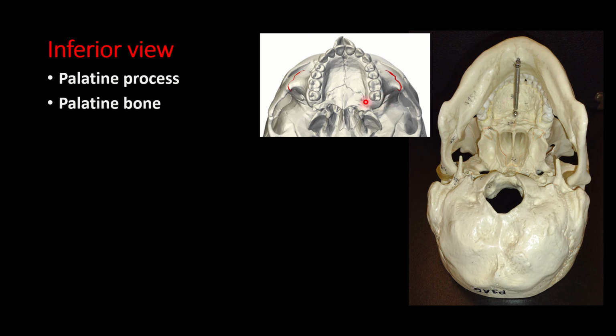Posterior to that, you have the palatine bone itself, which is a smaller bone. So the floor of the nasal cavity or the roof of the mouth is made of 2 different bones. One is the palatine process of maxilla anteriorly, and the palatine bone itself, that's posteriorly.